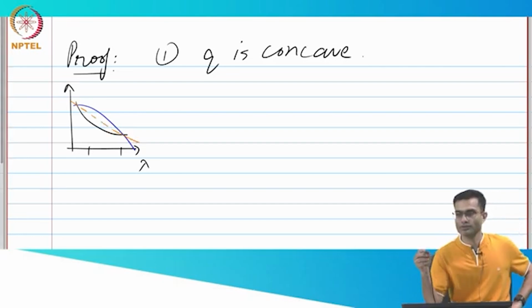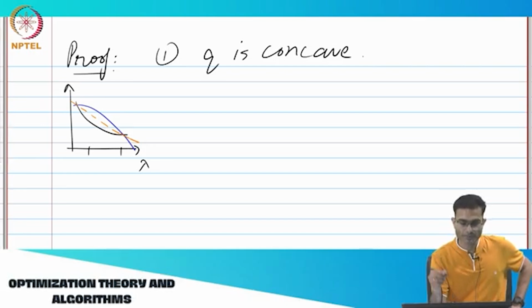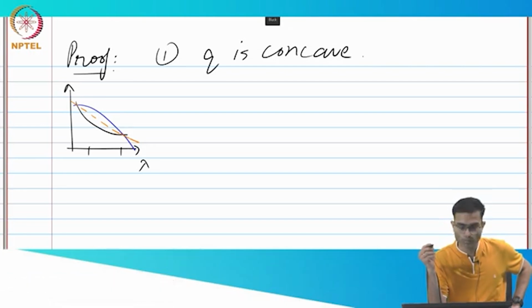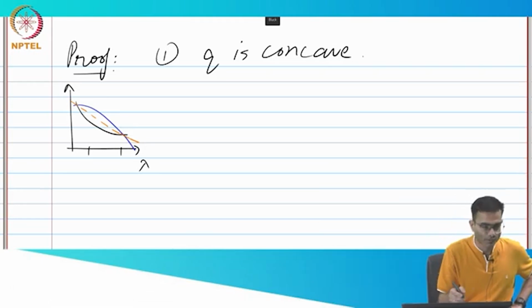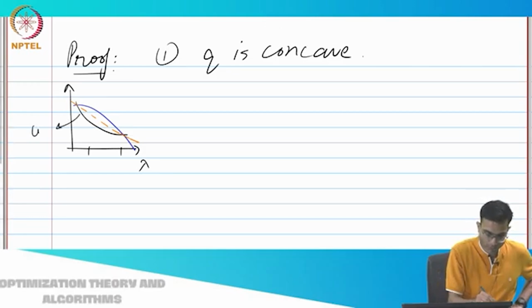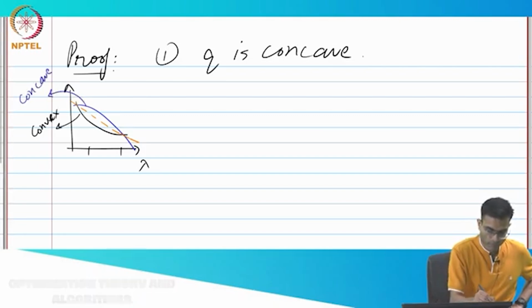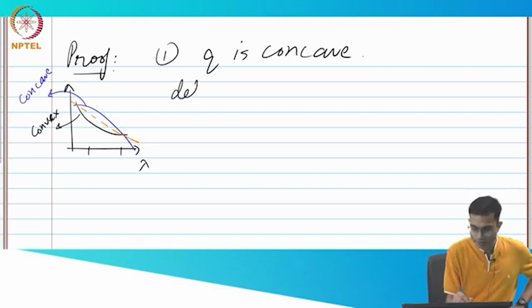And I have drawn 3 possible functions over here. So which is a convex function among these 3? Black, blue, orange. Right. So strictly speaking, orange also because it's the equality, right? So this is our convex, and then this is our concave, right? So how would I define a concave function?